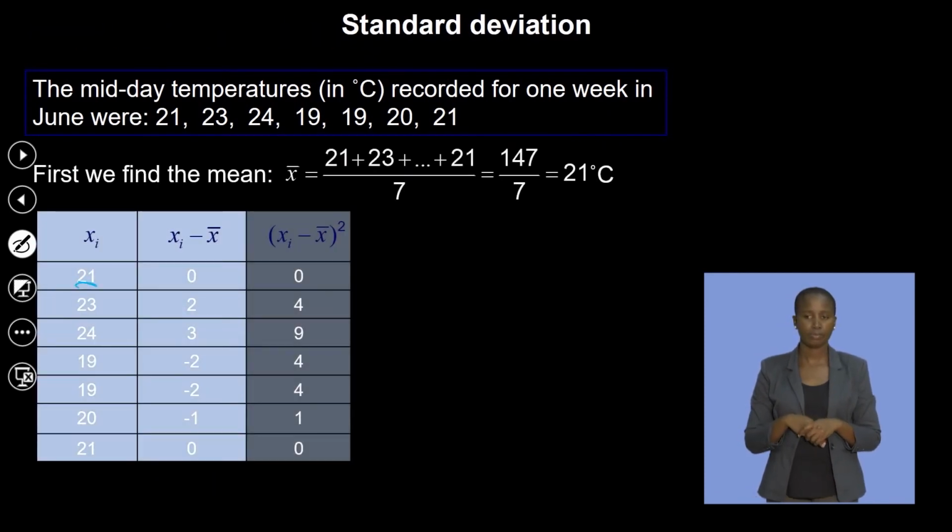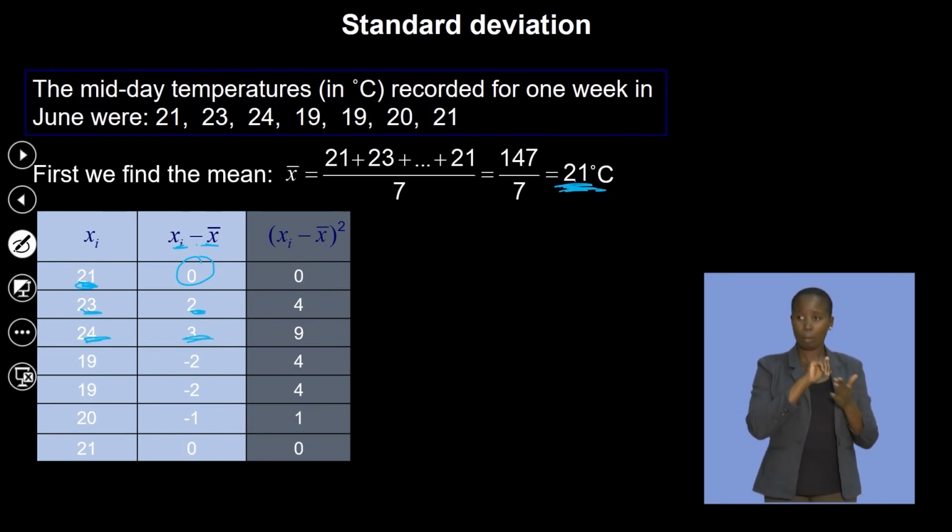So the distance between that and the average gives us 0, because the average is 21. 21 minus the average is 0. 23 minus the average gives us 2. 24 minus the average gives us what? 3. 19 minus the average gives us negative 2.